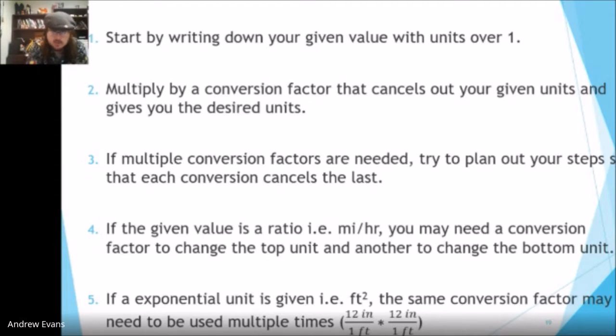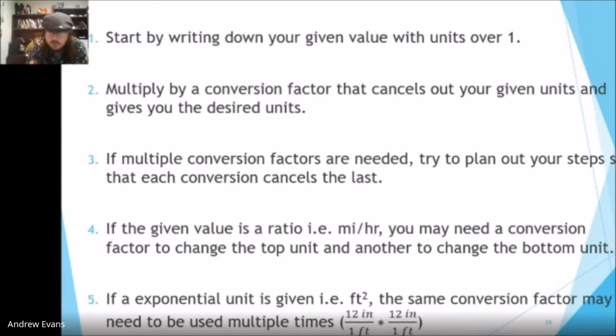Now, if you're given a ratio like miles per hour, you may have to do a conversion of both the top unit and the bottom unit. So I would have to turn miles to feet, and I might have to turn hours to minutes or seconds. So you'd have to do each of those conversions separately.